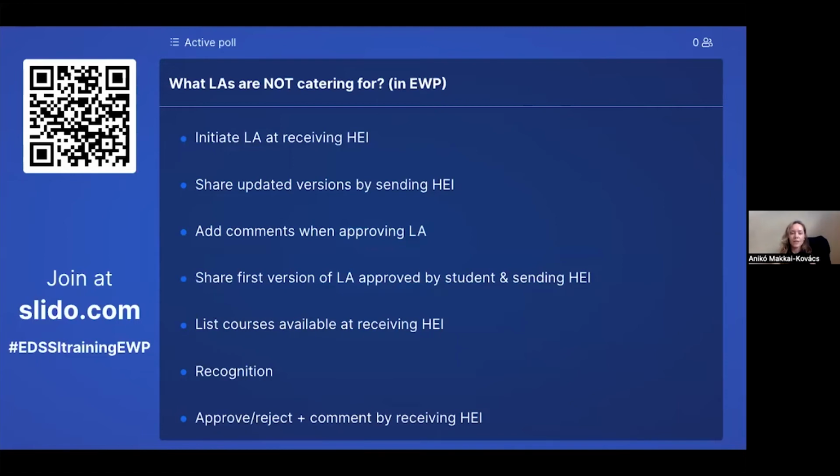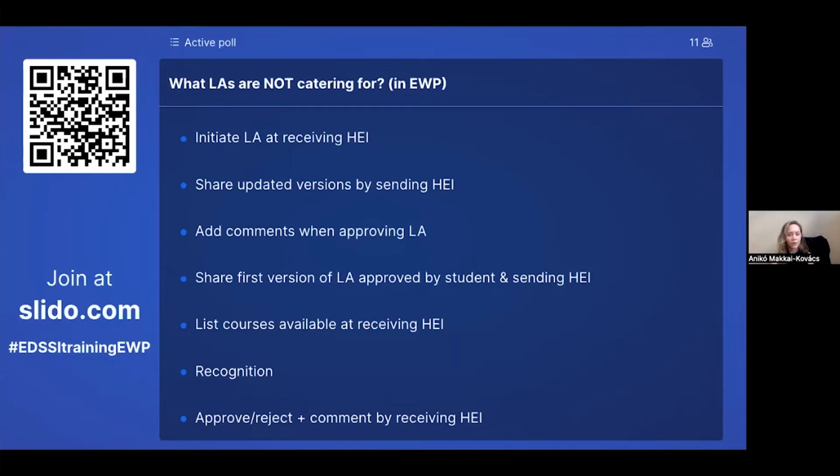Is it to initiate a learning agreement at the receiving higher education institution, share updated versions by the sending higher education institution, add comments when approving the learning agreement, share the first version of the learning agreement approved by the student and the sending higher education institution, the list of courses that are available at the receiving higher education institution for recognition, or approve or reject comment by the receiving higher education institution? So which is what the learning agreements in the EWP context are not catering for.